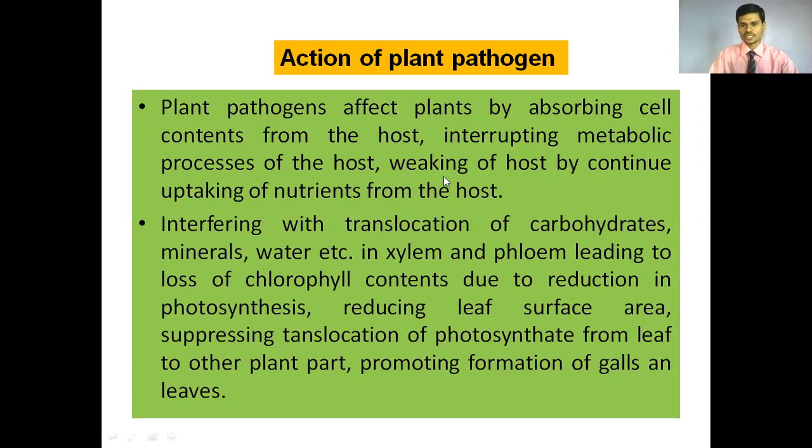They also weaken the host by continuous uptake of nutrients from the host cell. Then this pathogen also interferes with the translocation of carbohydrates, minerals and water. The host performs photosynthesis in the leaf. Whatever food material gets synthesized in the plant must be translocated to the other plant parts by the phloem.